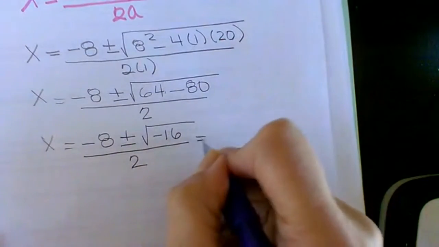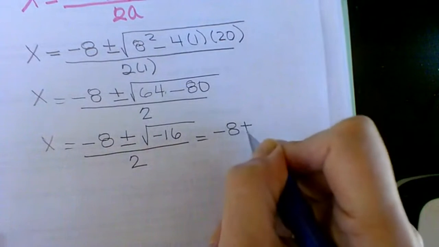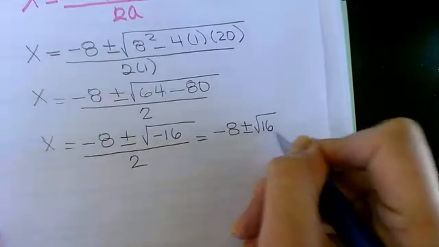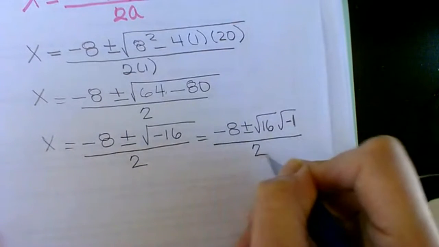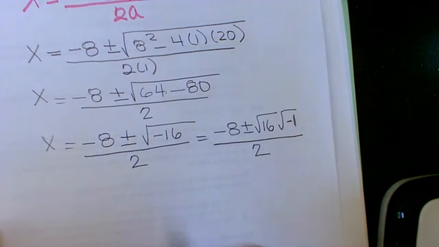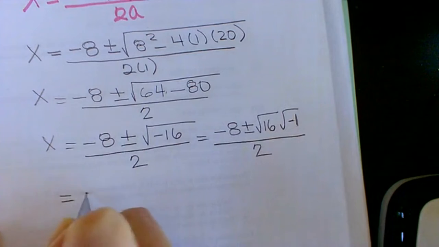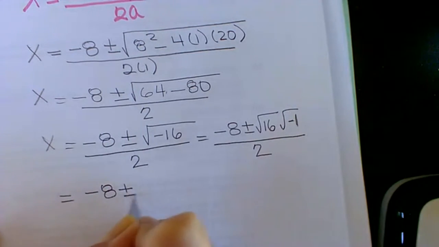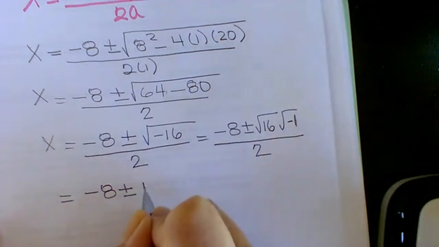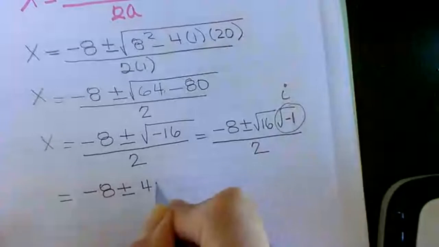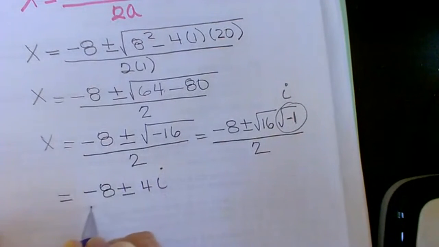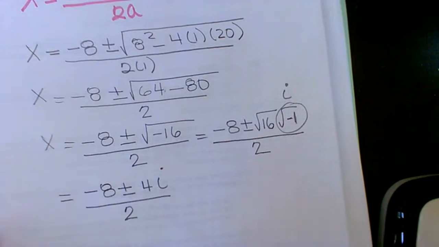So we're going to have one that is positive 16 and one that is negative 1. So this is equal to the square root of 16, which is 4, and the square root of negative 1 is i, divided by 2.